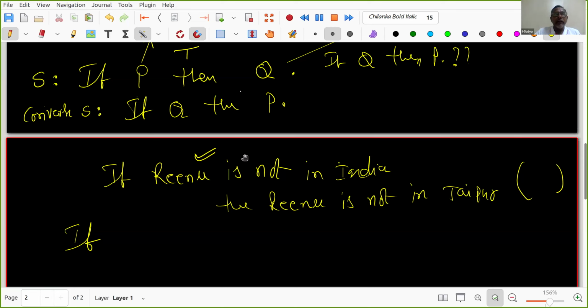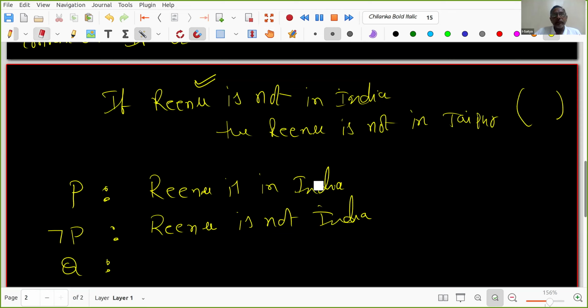Renu is in India. It is P. Good. What is the negation of P? Renu is not in India. Very good. Clear? Renu is not in India. Okay, my Q is Renu is in, sorry, I made a mistake.